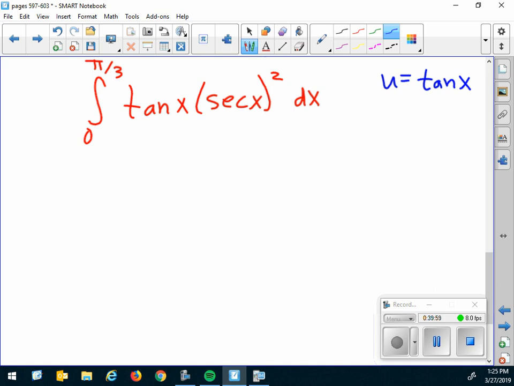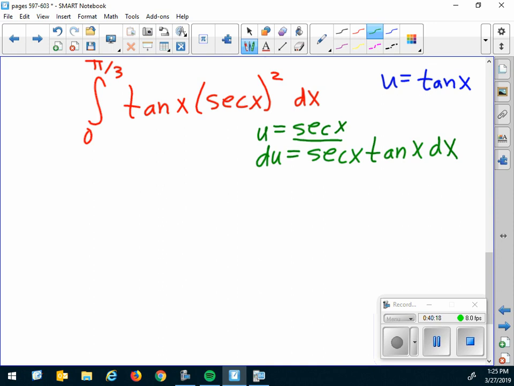What you want to do, if I let u equal secant x, so don't write any of this down because I'm going to show you where I screwed up, then du equals secant x tangent x, right? Well, if I let u equal secant x, then that's u squared, right? I don't have this secant x part.